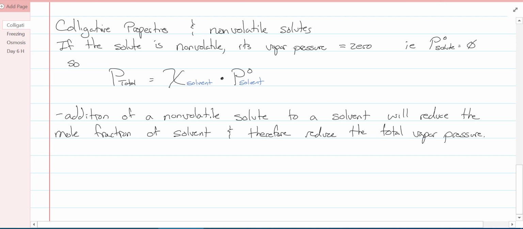All right, so when we add a non-volatile solute, it'll reduce the vapor pressure.